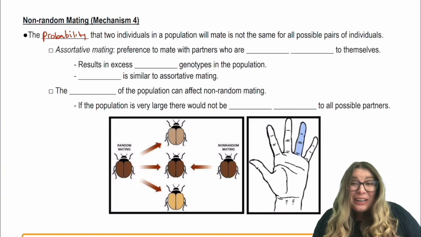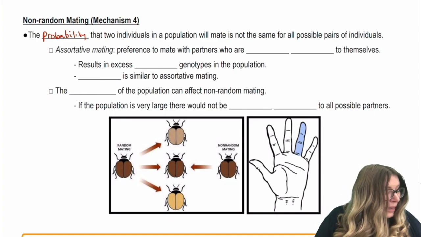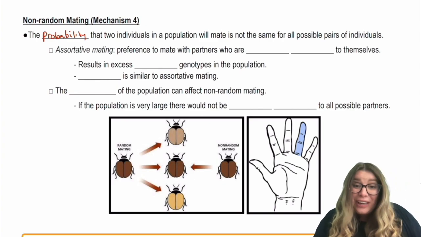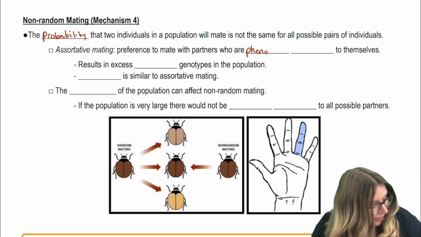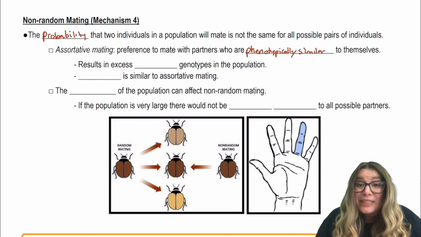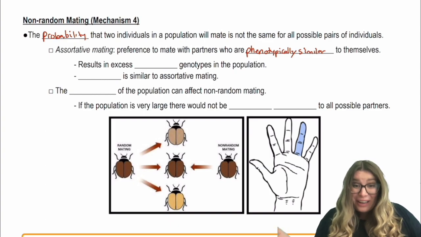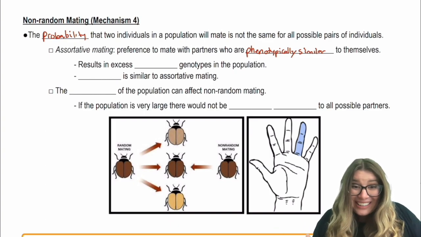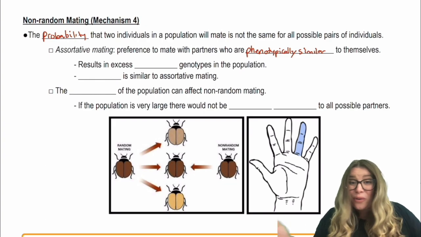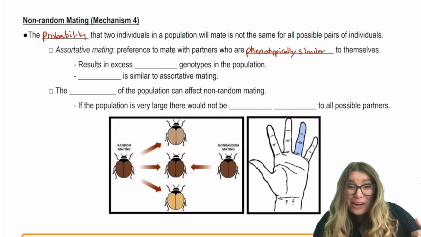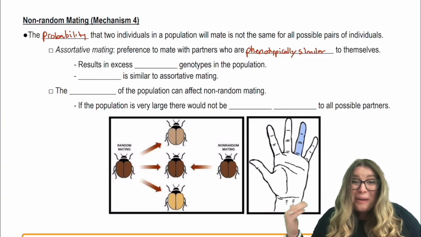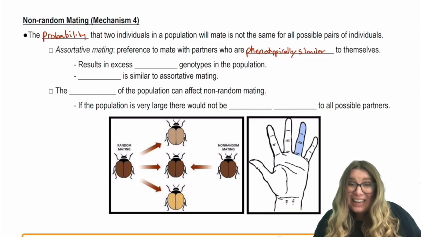Now, assortative mating is a preference to mate with partners who are phenotypically similar to themselves. So they have a phenotype, or an appearance, that is similar to theirs. For example, a blonde-haired person might prefer to date and mate with another blonde-haired person.